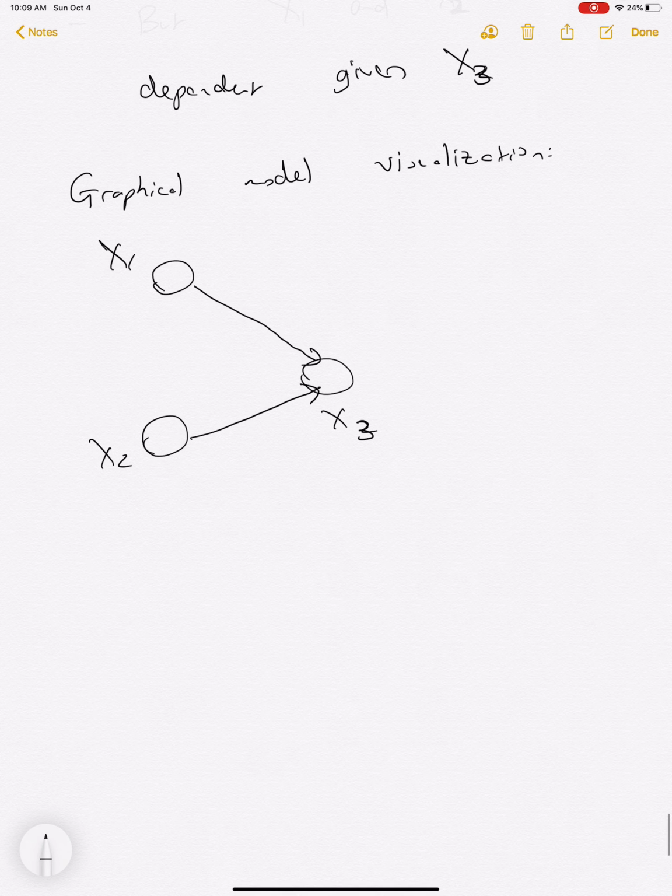This is sometimes called Berkson's paradox. It's also sometimes referred to as explaining away. Because you might think it's weird that two variables that are independent somehow get an induced dependence between them. And that's exactly because of this scenario: if you know X3, then X1 and X2 become dependent.